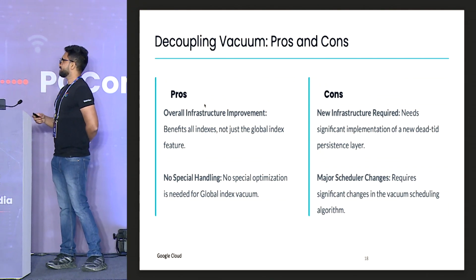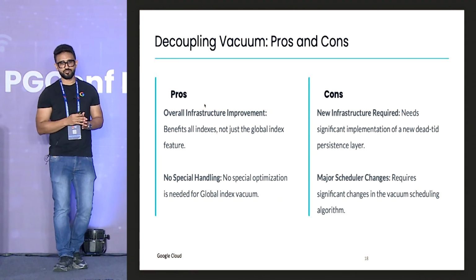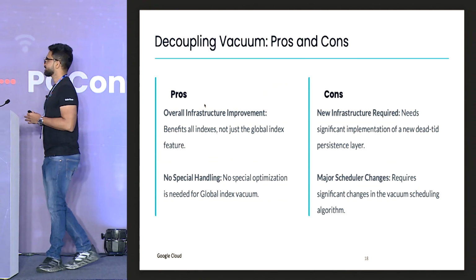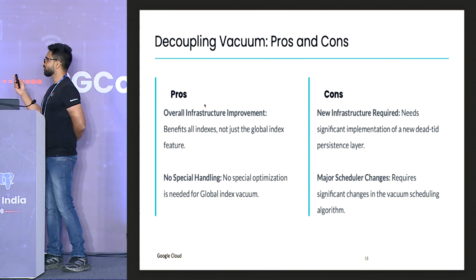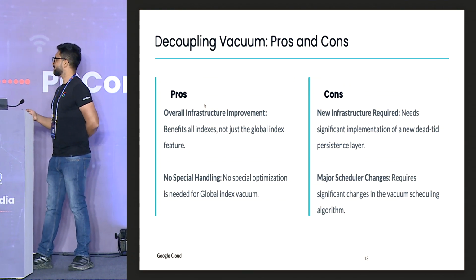And if you make changes in the scheduler and make a new scheduling algorithm, it might take time to get stabilized over a period of time. So that can impact the whole vacuuming flow for other areas as well, not only the global indexes.